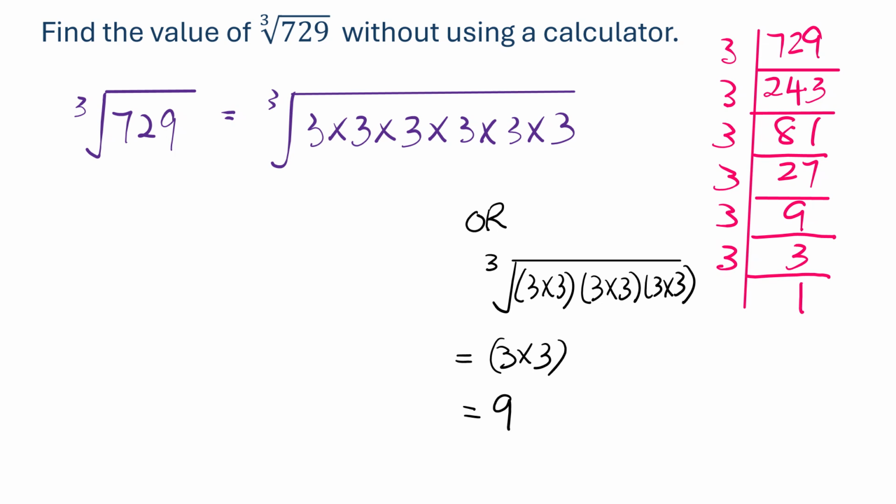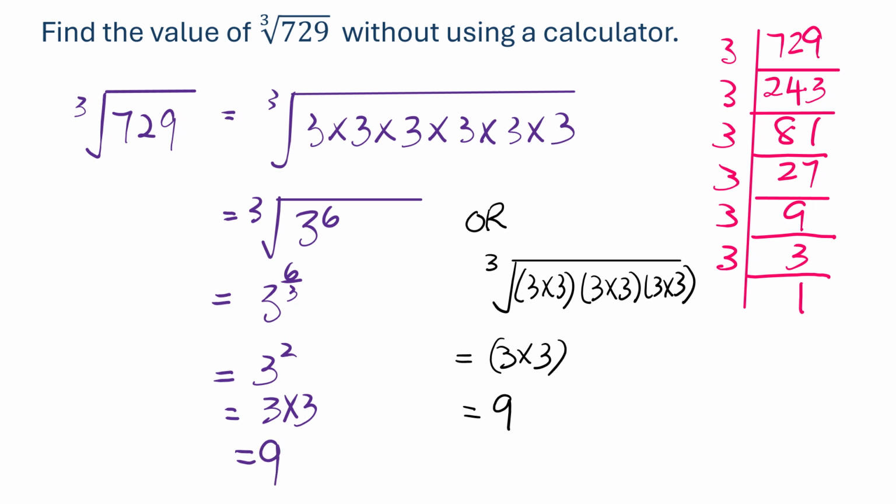Another way is to use index notation: write it as 3 to the power of 6, and you just take the index 6 divided by 3 to get 3 to the power of 2, and 3 to the power of 2 is 3 times 3, so you end up with the same answer.